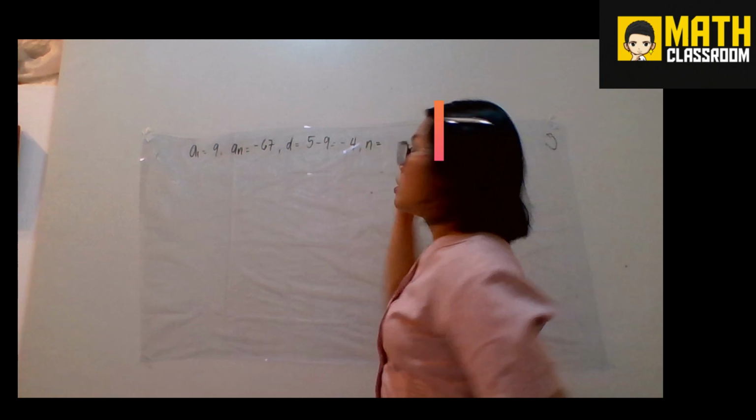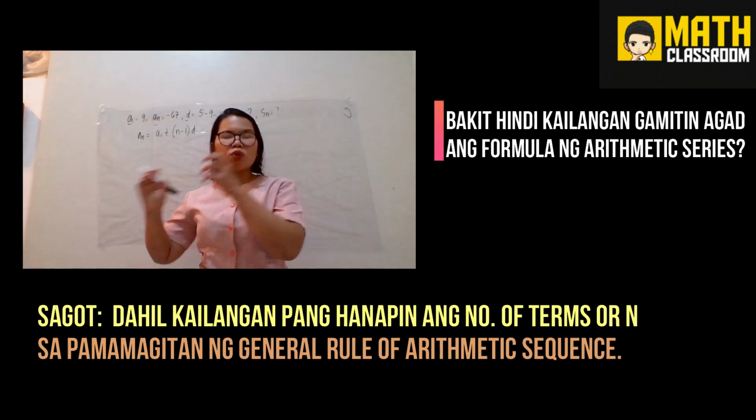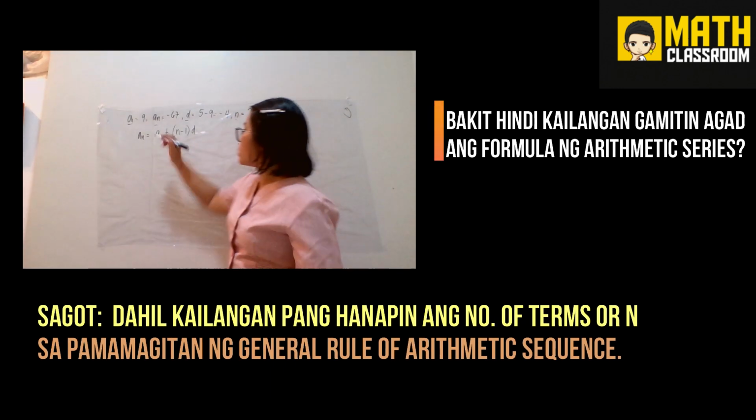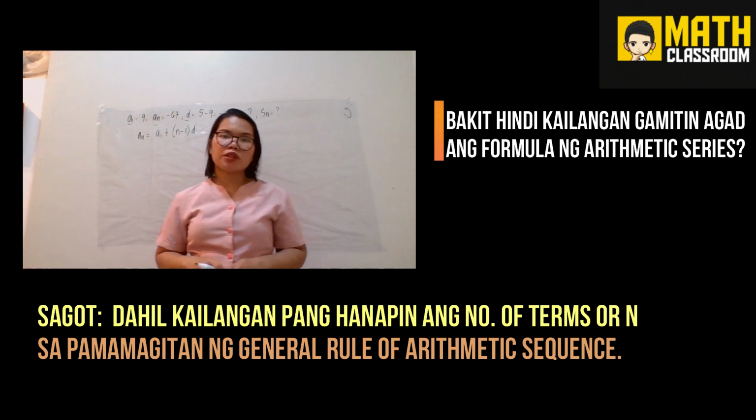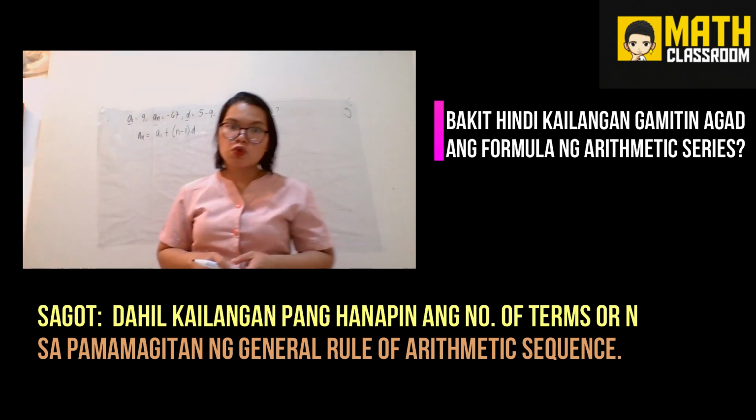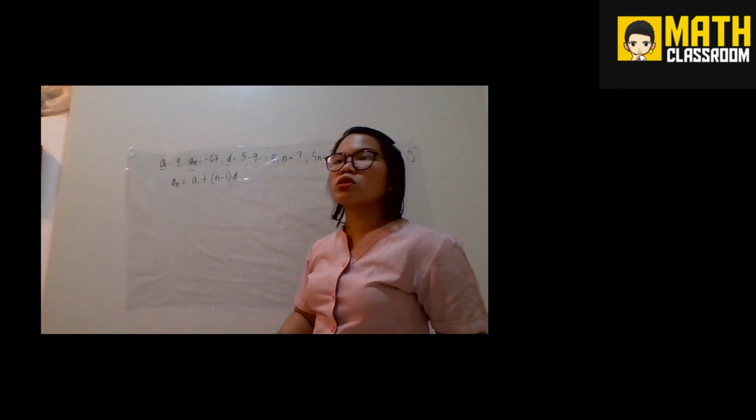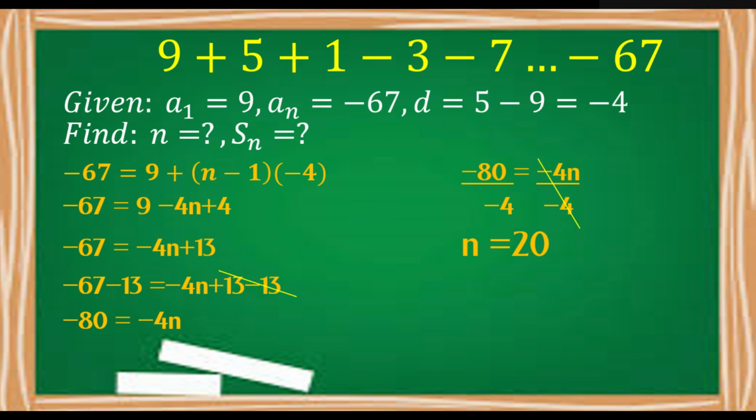Ang sagot, then we still go back to our general rule, a sub n is equal now to a sub 1 plus n minus 1 times d. Substituting the values to our formula, we can have it as negative 67 is equal now to 9 plus n minus 1 times negative 4.